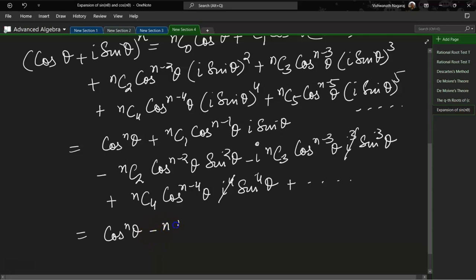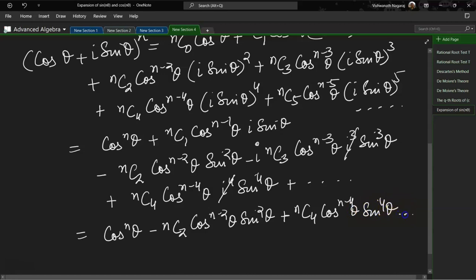So minus nC2 cos^(n minus 2) theta sine square theta. Then do we have anything else? Here I have i, here I don't have i, so I can take that nC4 cos^(n minus 4) theta sine 4 theta and so on.